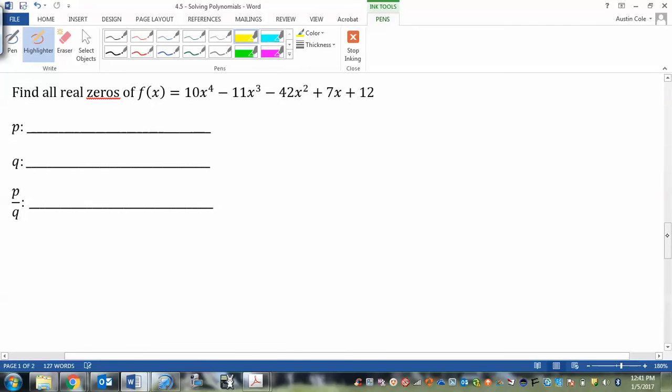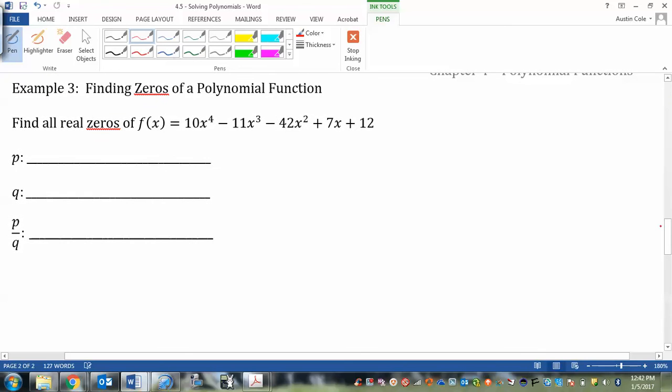Okay, example 3. I don't want to do that problem, so let's get a different one for us. Let's do this one. So you can erase that, do whatever you want.